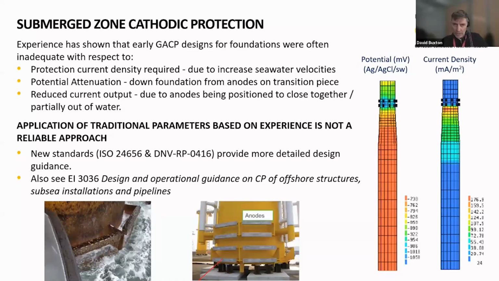So I suppose a key point to note is that the application of traditional parameters, based on traditional experience on larger offshore oil and gas structures, isn't a reliable approach, and new standards have been developed: ISO 24656 and DNV RP 0416, which provide more detailed design guidance, and these should be followed, not the traditional documents.